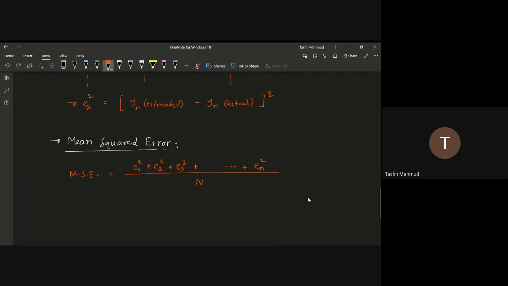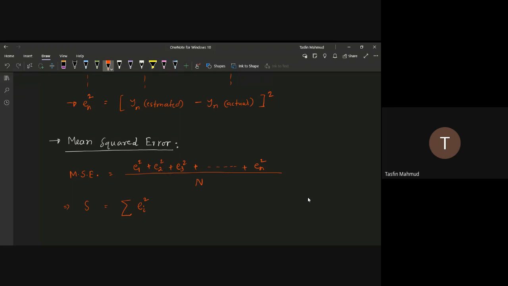So we can write this thing in a different notation, in a shorthand or summation notation. We can actually write mean squared error as, let's assume S, to determine the mean squared error, and we can give this summation notation ei square, and we will divide it by the total number n, right?